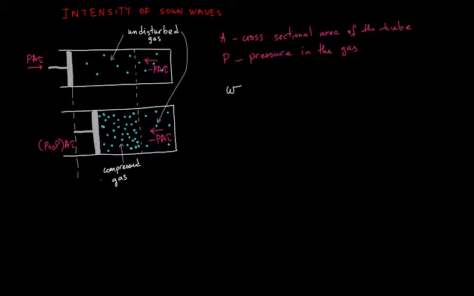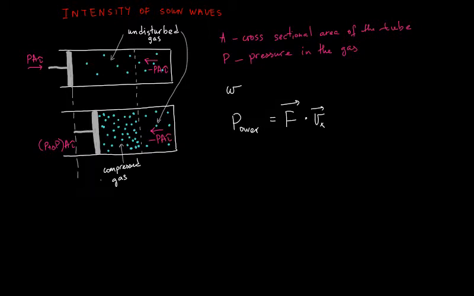Well, then we can say that the piston is doing work on this element, which we can model as a particle. And the rate at which the piston is doing work on the element at any instant of time can be written as the power equals the force dot product Vx.